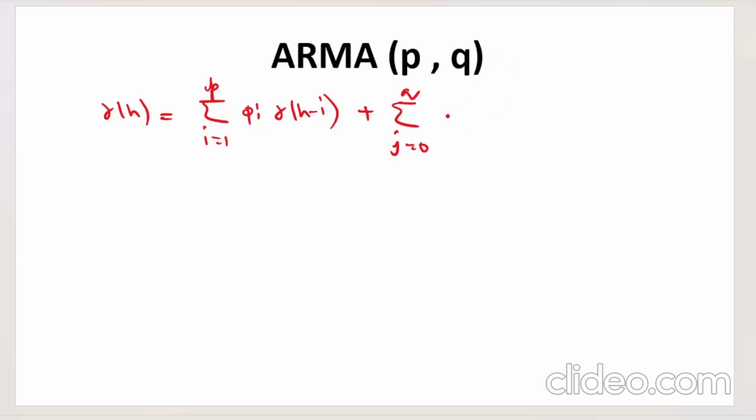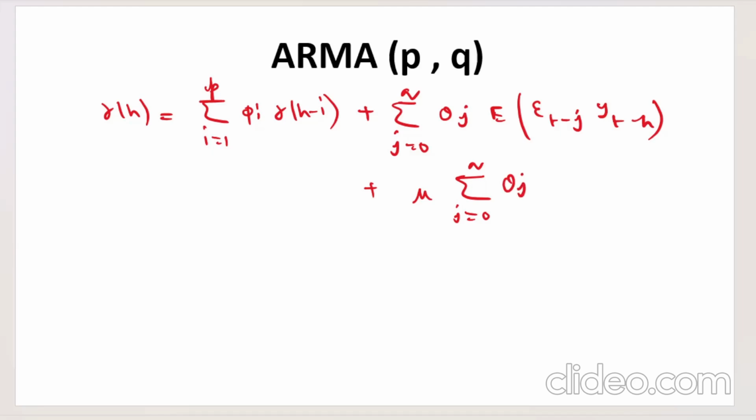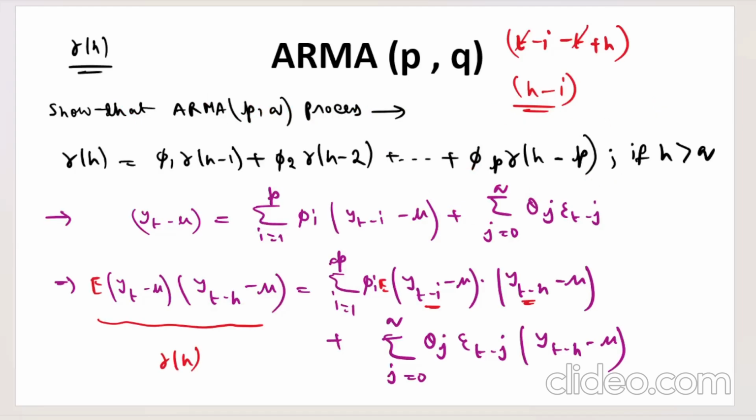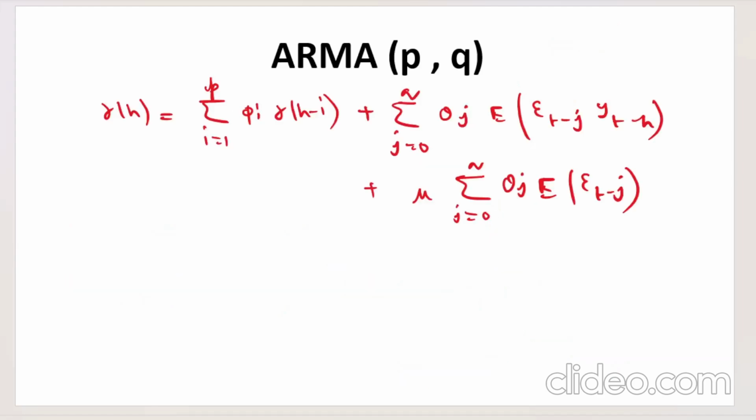What do you have? Expectation of theta j, expectation of epsilon t minus j into (yt minus h minus mu), into summation j from 0 to q theta j, expectation of epsilon t minus j. So what I have done is gone inside the brackets and multiplied with each term. First I have written summation j from 0 to q theta j epsilon t minus j into yt minus h.